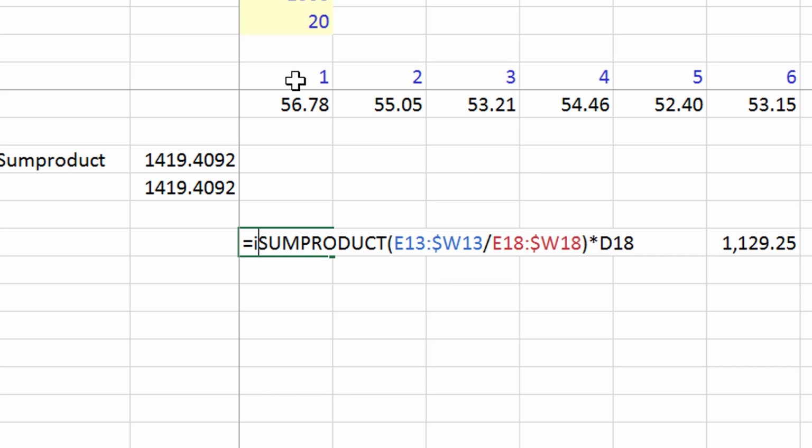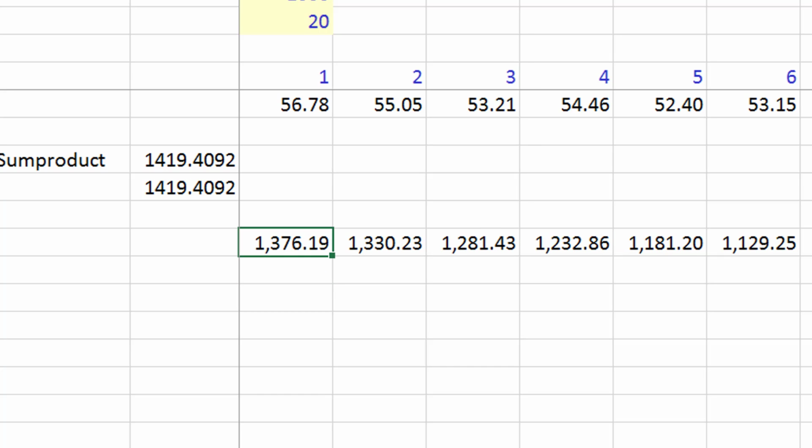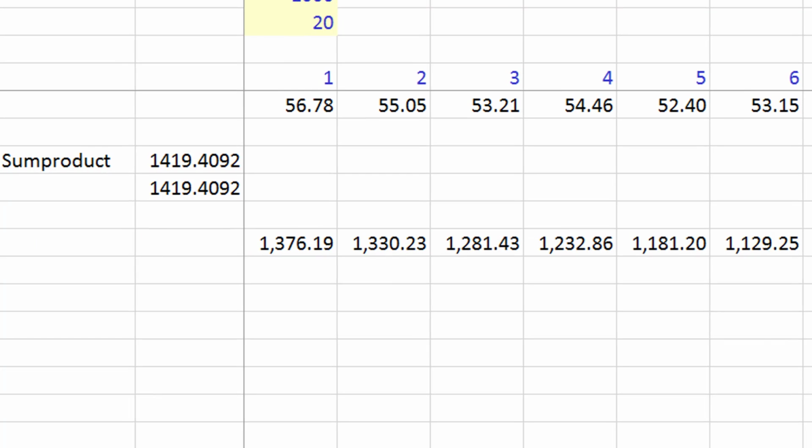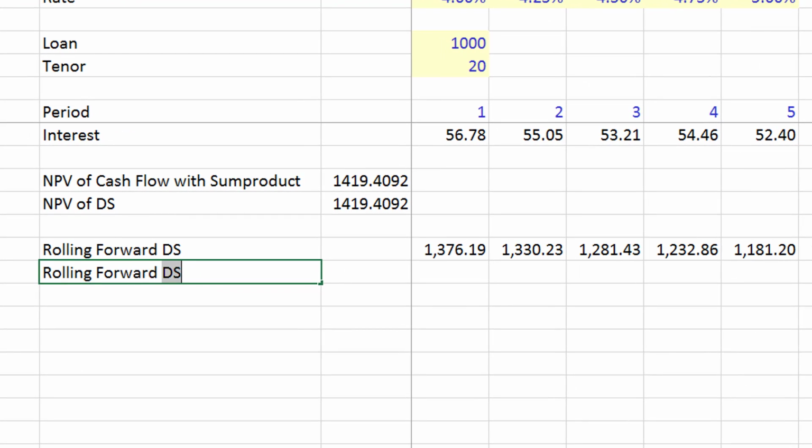I don't know why that is, and I don't have time to think about it. Let's just make it a 0. So that's our rolling forward debt service. Now we can do the same thing for cash flow.